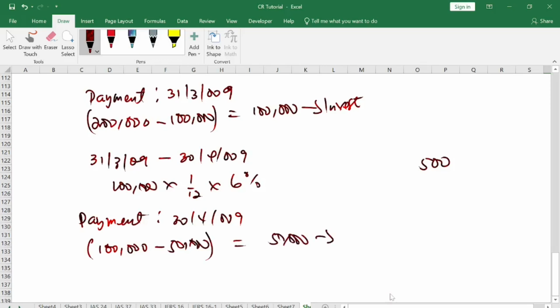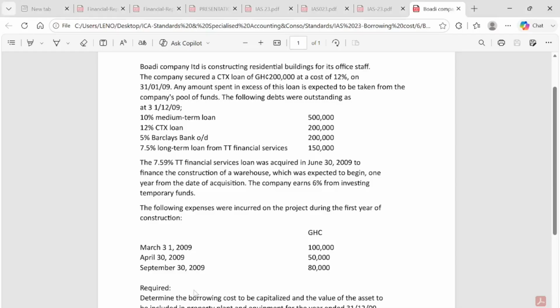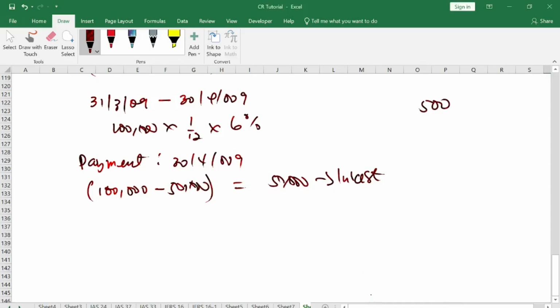You invest this money also. They said that in September a payment was also made. So 30th September, payment was made. Between April and September, from 30th April 2009 to 30th September 2009, we invested this 50,000 for 5 months.